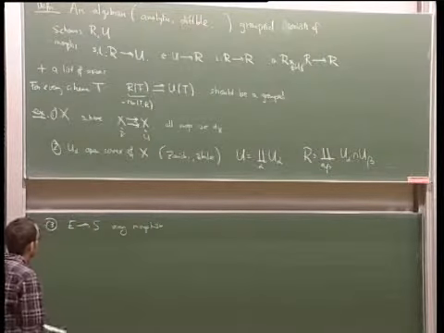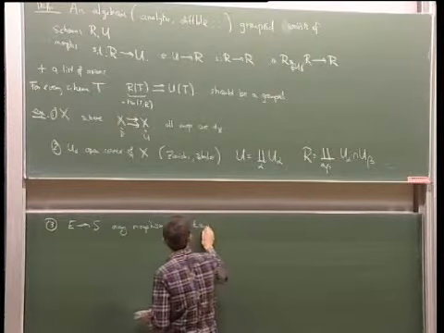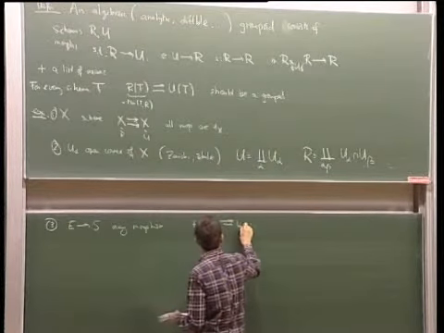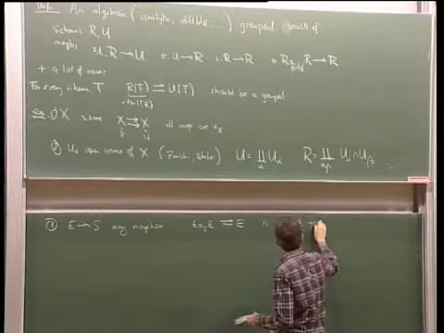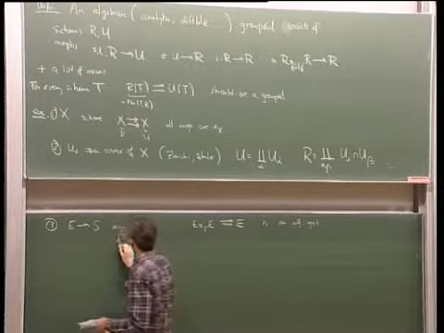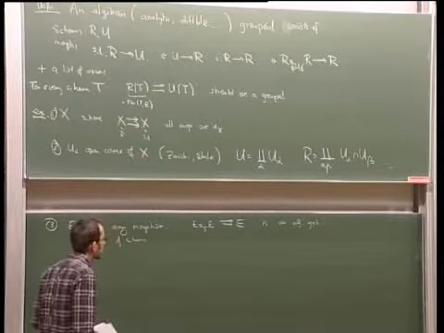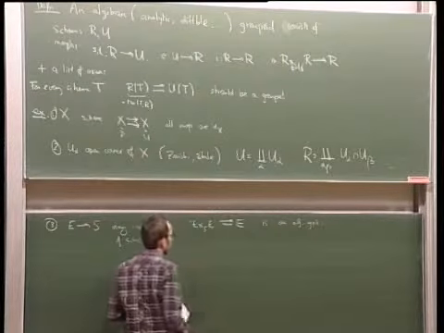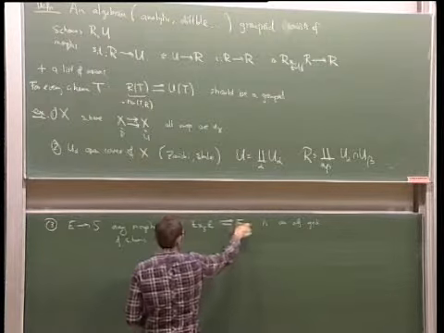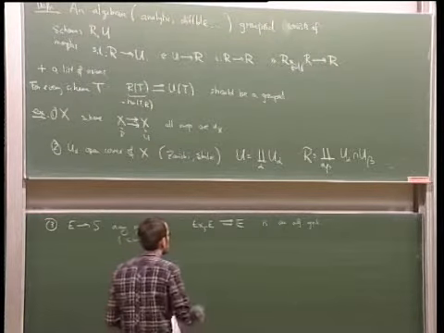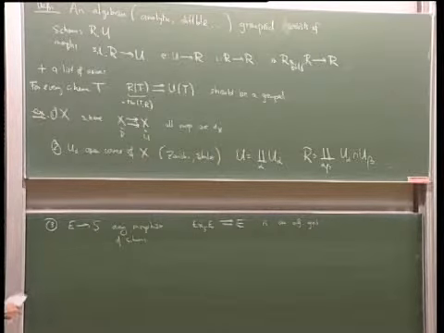If I have any morphism E to S, so any morphism of schemes, I can form the fiber product. So whenever I write a diagram with two arrows like this, you're supposed to understand that this is a groupoid where this is the object space and that the morphism space. So this is R and that's U. So again, an exercise to check that that's okay.